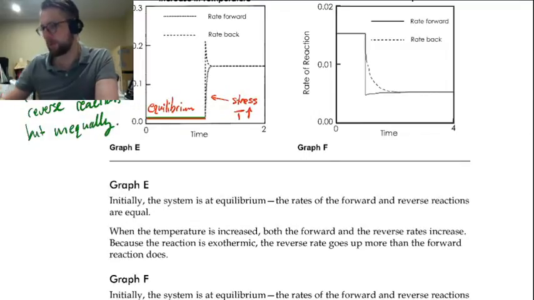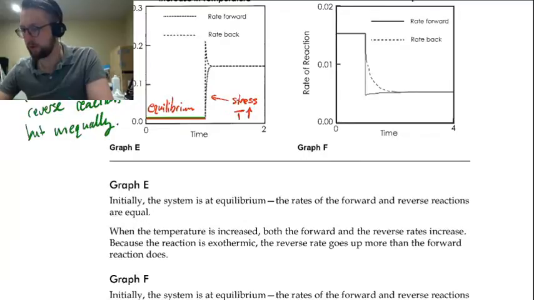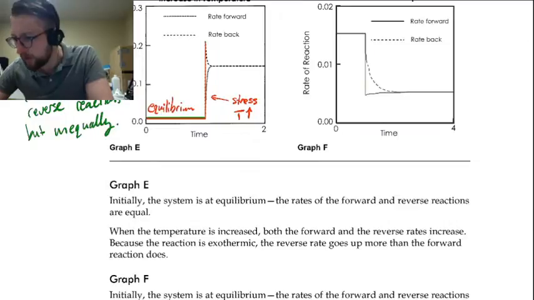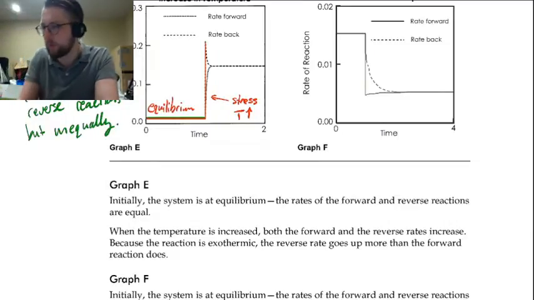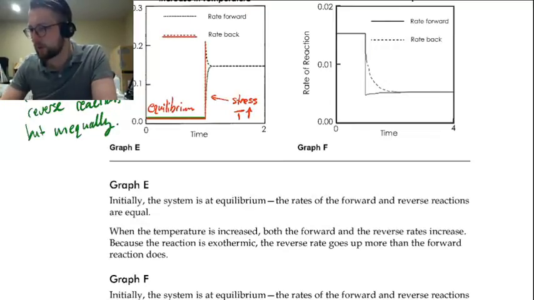Temperature goes up. And we're going to notice that one reaction has a huge change, in this case the backwards reaction. And then the other reaction has a much smaller change.